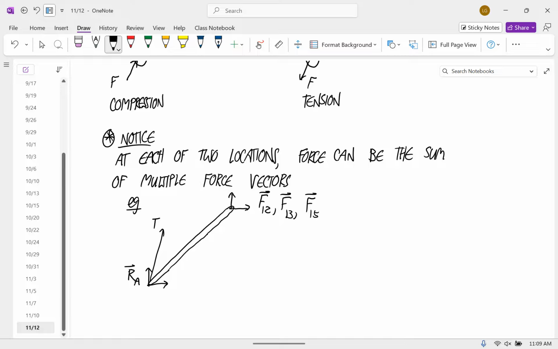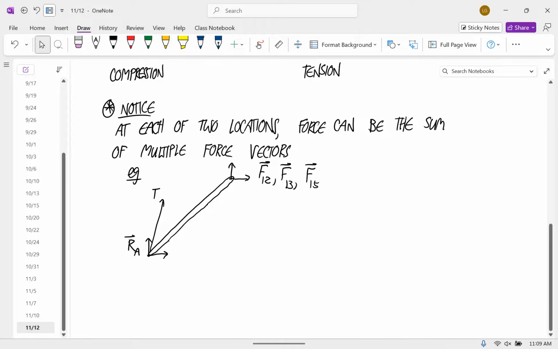That's still a two-force member, because all you have is the sum of force vectors at one location and the sum of force vectors at the other location. So this is still a two-force member.